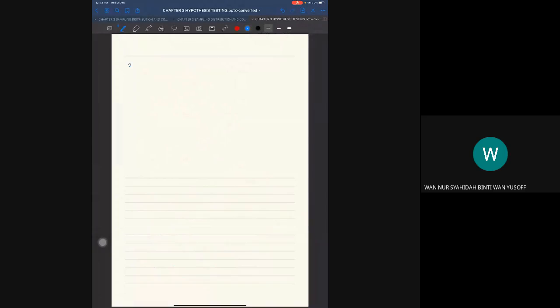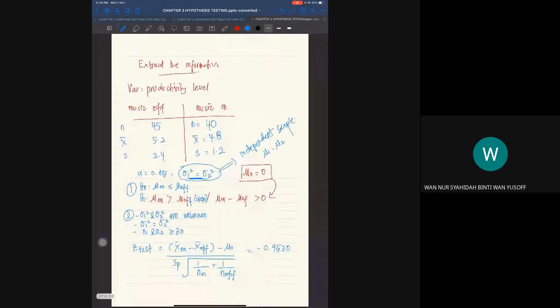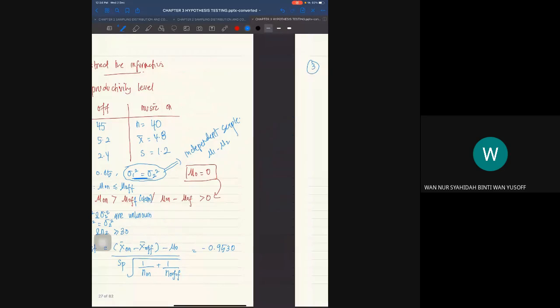is to find the critical value. So the type of statistical hypothesis we have is right tail. Do we need to divide alpha by 2?